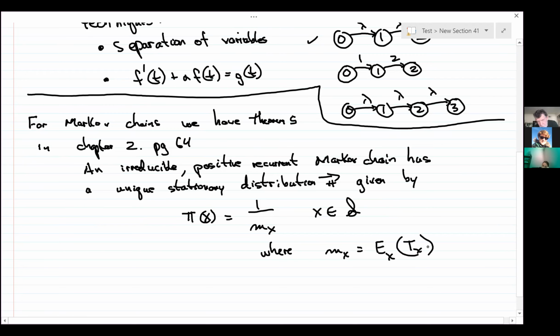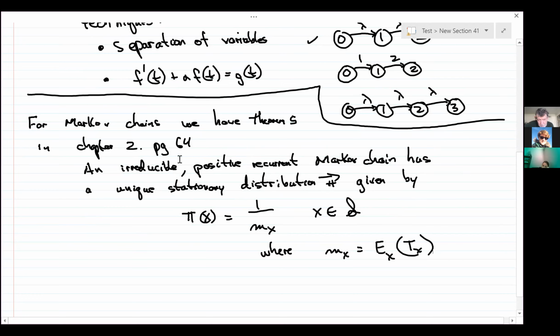Okay, so we've used this, we've seen it. It's a very nice theorem because it guarantees when you can have a unique stationary distribution. That's the key. We want there to be a distribution and we want it to be unique.